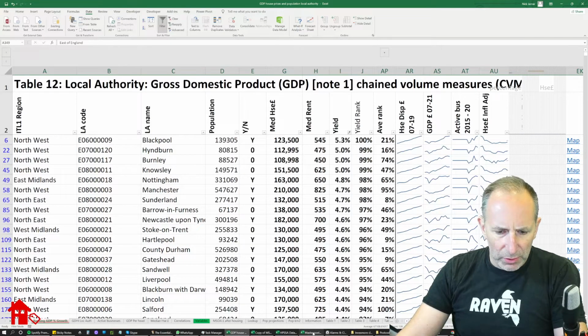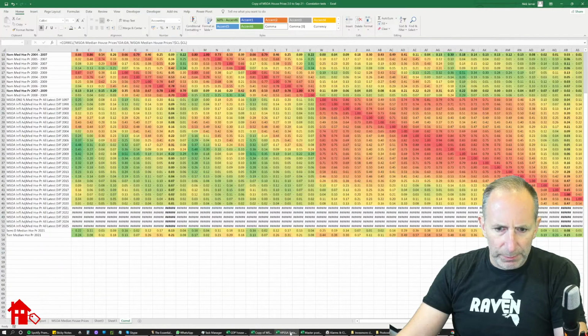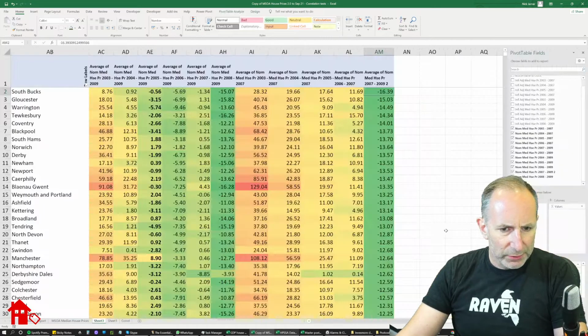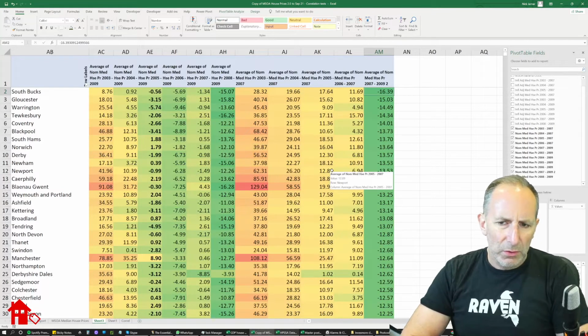is the relationship, the crash. Like what happened in the crash? How serious was the crash? And for that, I've got this data. And it turns out that nominally, i.e., just in averages, the areas that crashed the hardest were the richest areas.